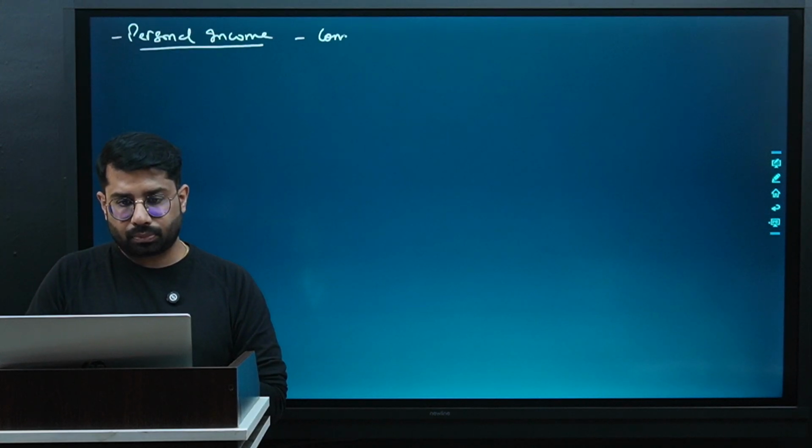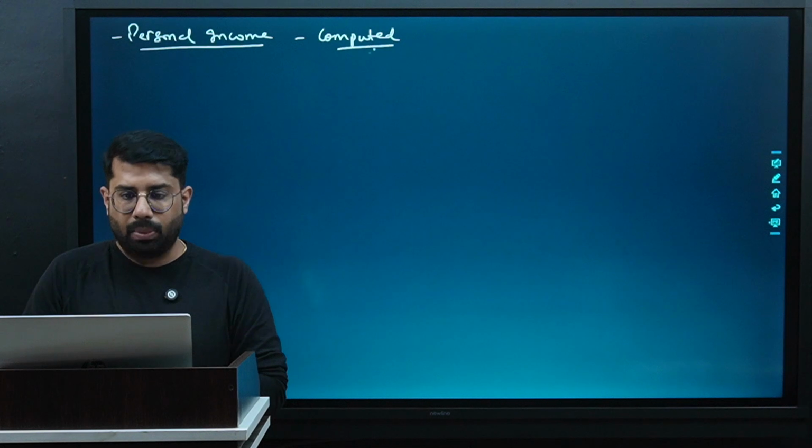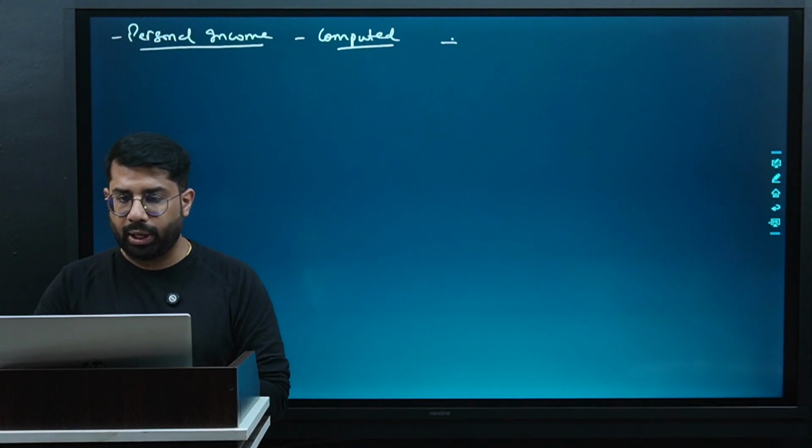Personal income can be computed based on either of these two formulas.